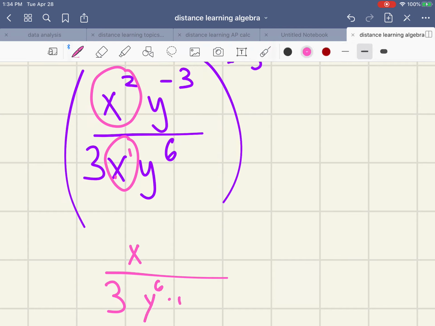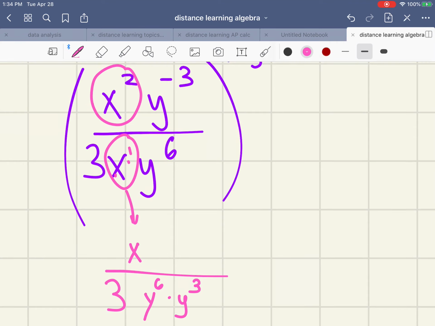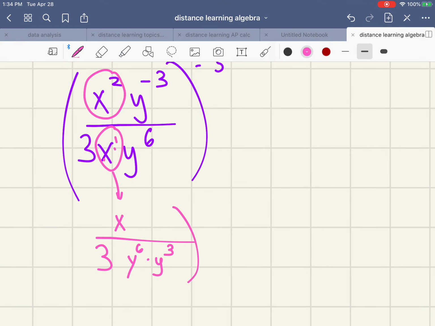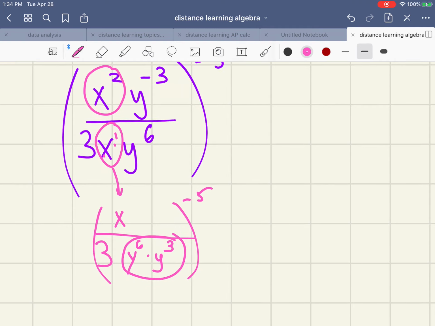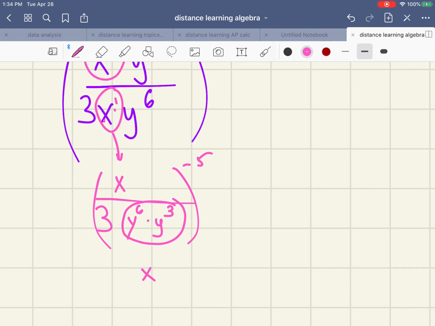So if I was looking at this as a singular step, it would look like that. I canceled the x from the bottom with 1 from the top, and I've moved the y to the negative third to the bottom. And then I can combine these. So I get x over 3y to the 9th, all to the -5.